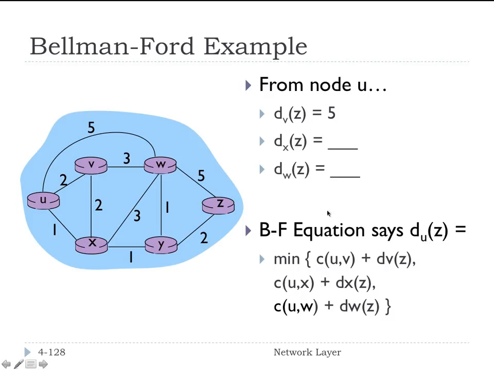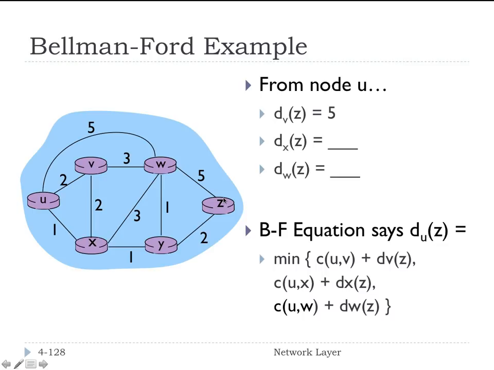And finally, c of u,w is 5, and the least cost path from w to z is also 3. So that's 5 plus 3. If we sum all that up, we see that the minimum of those is 4. So that tells us that the least cost path from u to z is through x.